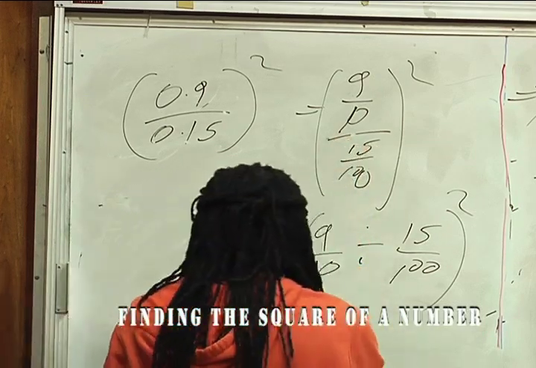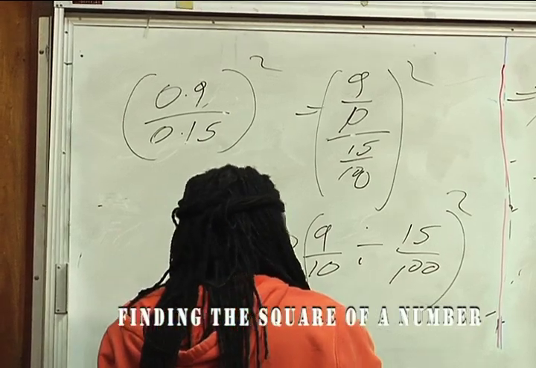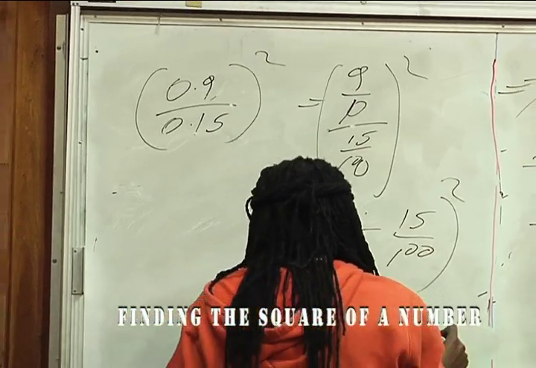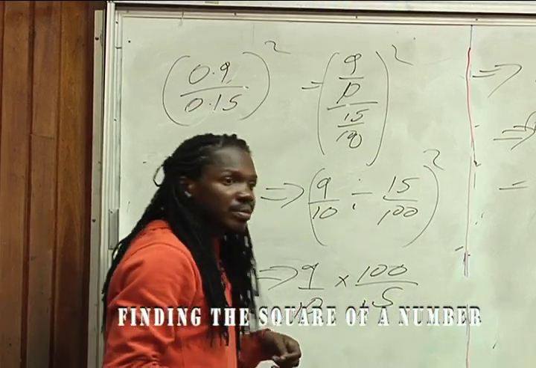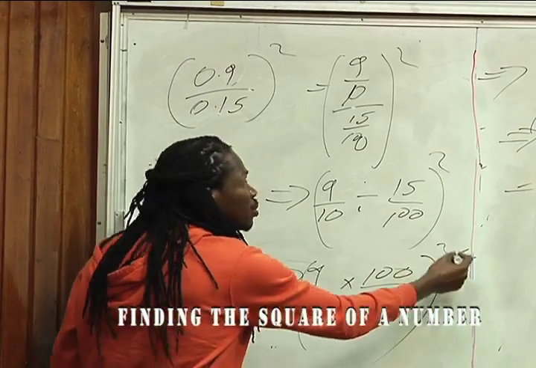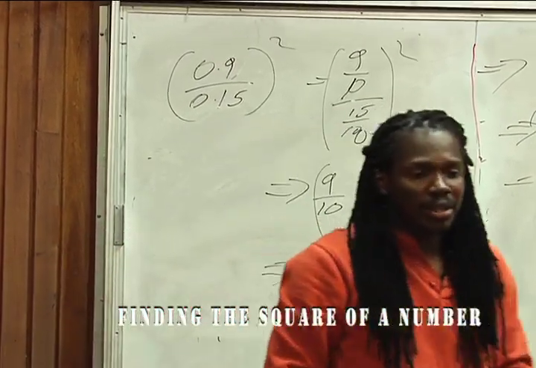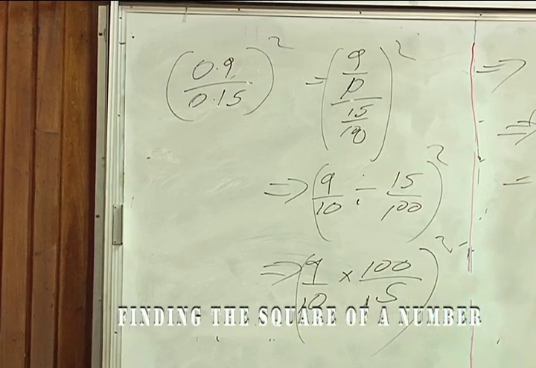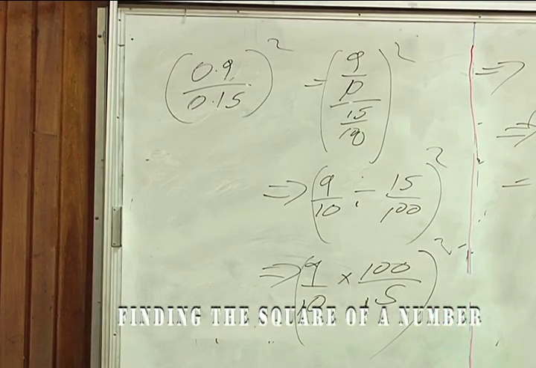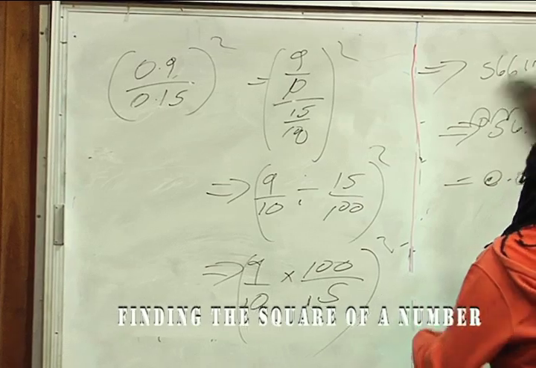So this implies 9 over 10 times 100 over 15, all squared. Am I correct? Am I a genius in this thing or what?